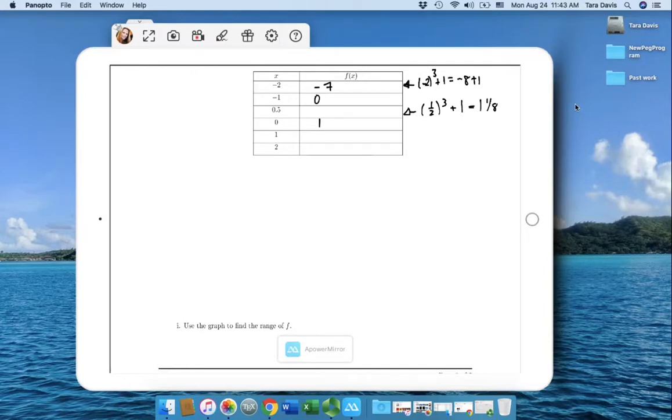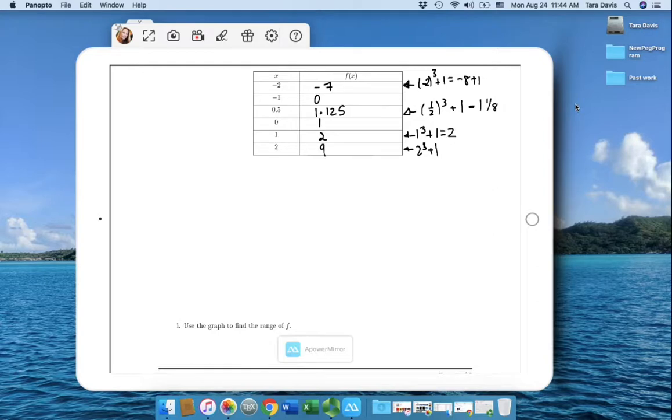So then we have that. If I take 1 in, I will have 1 cubed plus 1, which is 2. And if I take 2 in, I'll have 2 cubed plus 1, so that's 8 plus 1, which is 9.